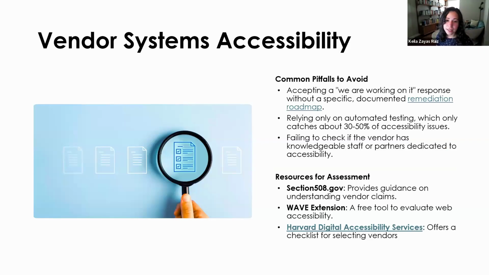And then I've added some additional resources on here as well. Section 508 has guidance on understanding vendor claims. The Wave extension that I talk about allows you to evaluate web accessibility. And then the last resource on here is specific to Harvard University, but it has a lot of really good tips and a checklist for selecting vendors based on accessibility.